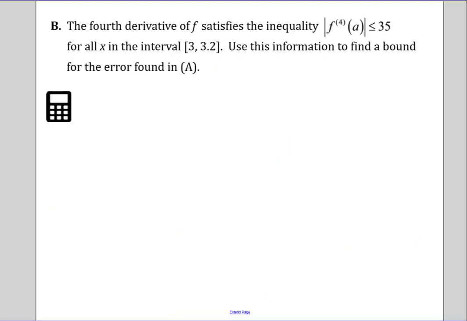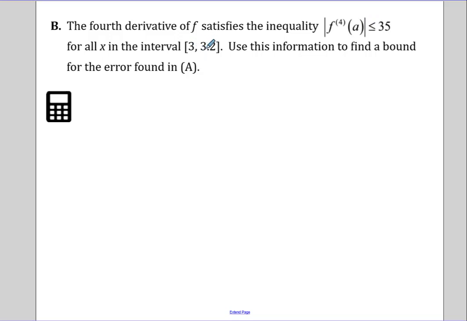In part B, the fourth derivative of the function f satisfies the inequality that says the absolute value of the fourth derivative at a is less than or equal to 35 for all the x in the interval from 3 to 3.2.